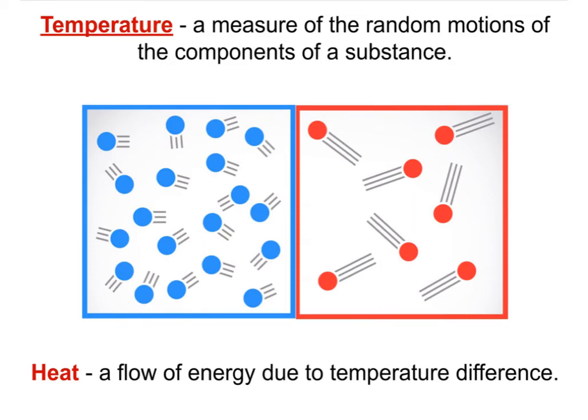Now that we understand temperature as the measure of the amount of kinetic energy in a substance, let's define heat. Heat is energy, or to be more specific, it is a flow of energy due to temperature difference. Here I have my hot and cold air again. The molecules of the hot air are moving fast. They will smash into the walls of the container, transferring some of their kinetic energy to the wall.